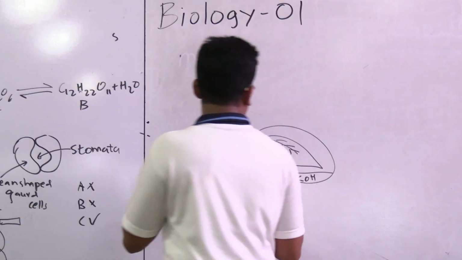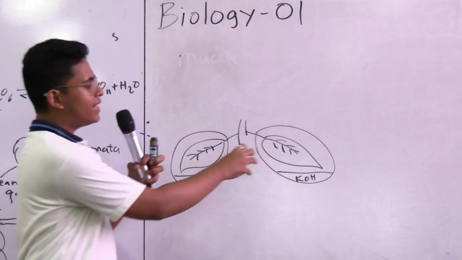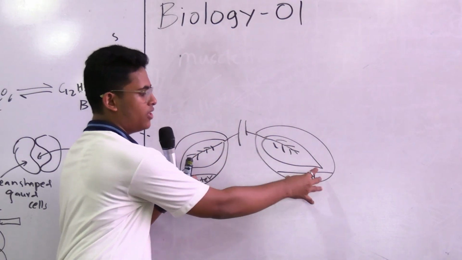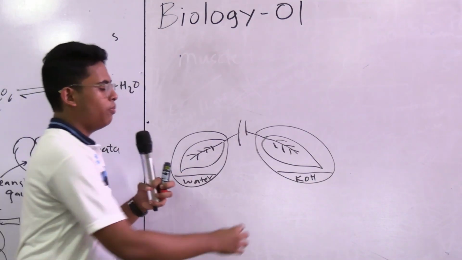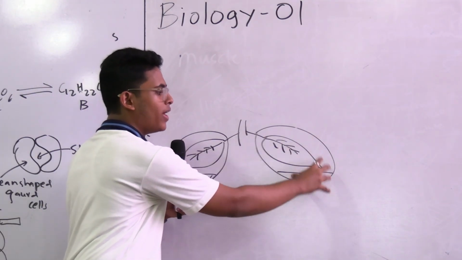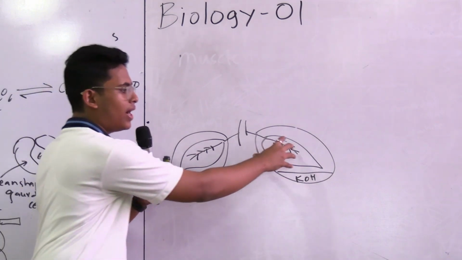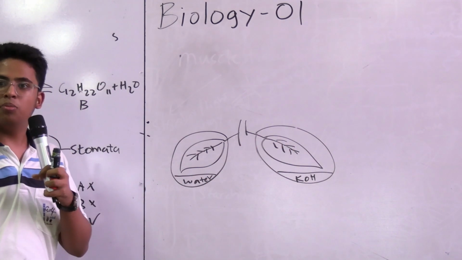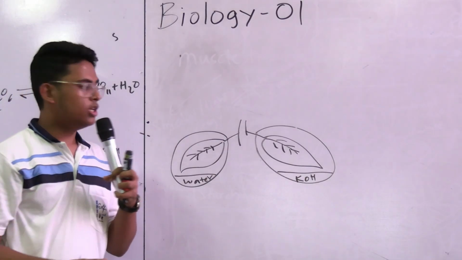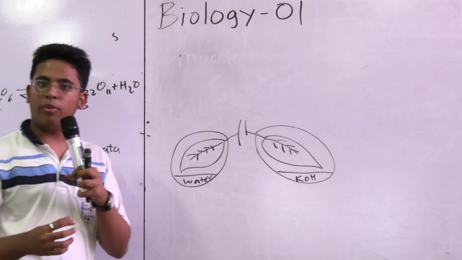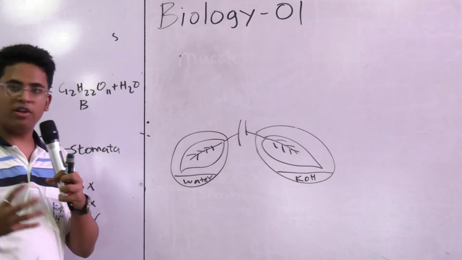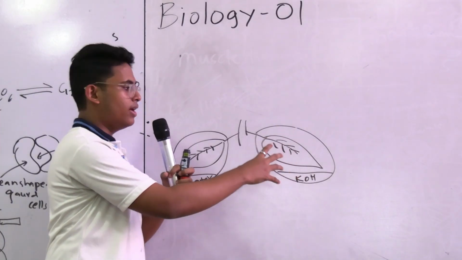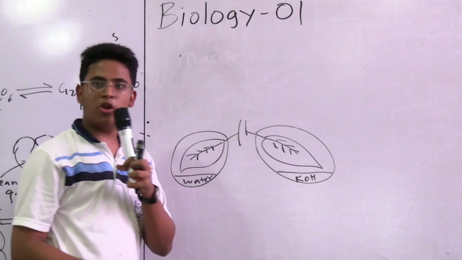So what will happen? The carbon dioxide inside the polythene bag with potassium hydroxide will be absorbed and not let the plant cells absorb it. Why? Carbon dioxide is an acidic gas. Potassium hydroxide is basic, a strong base. So carbon dioxide and potassium hydroxide will react and absorb the carbon dioxide. In that way, this plant leaf will not have carbon dioxide.